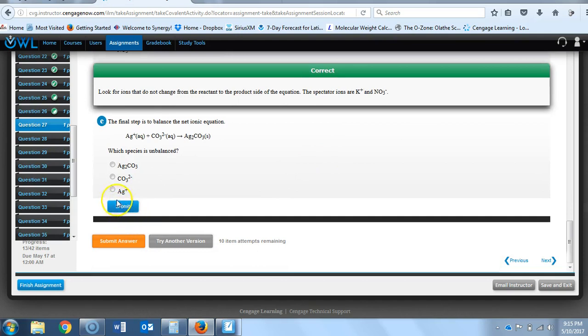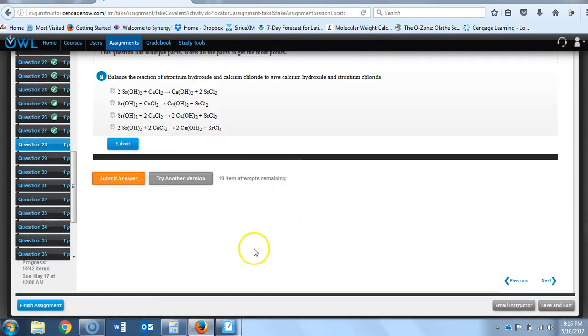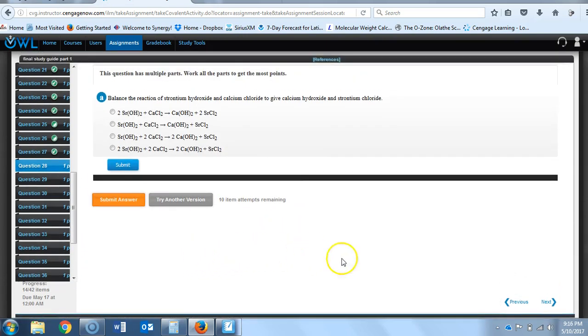Alrighty, the final step is to balance. I have one silver, but I need two, so this is not balanced. I have one carbonate, I have one carbonate. Alright, balance the reaction of strontium hydroxide and calcium chloride to give calcium hydroxide and strontium chloride.